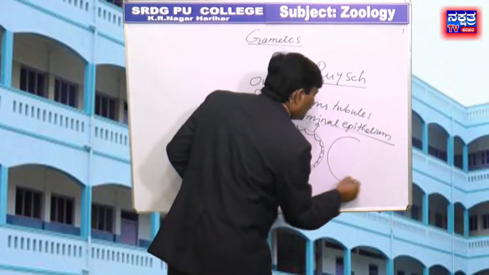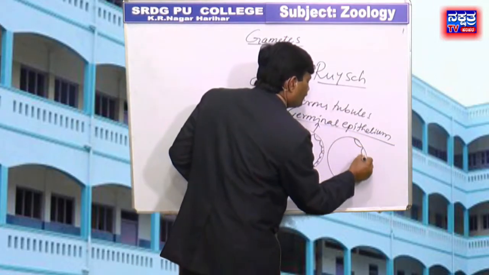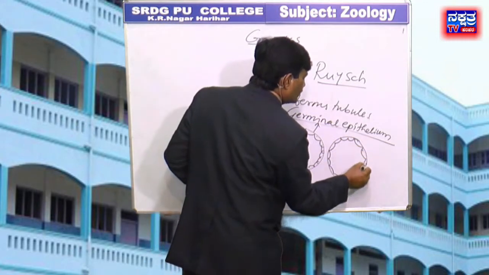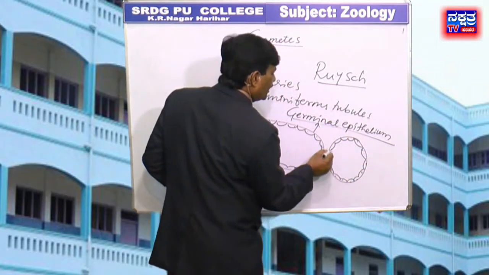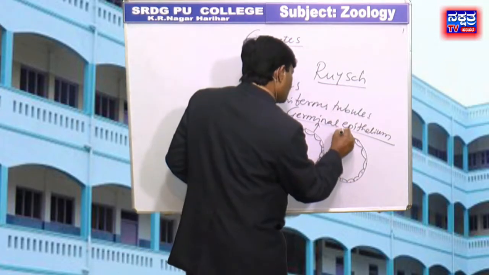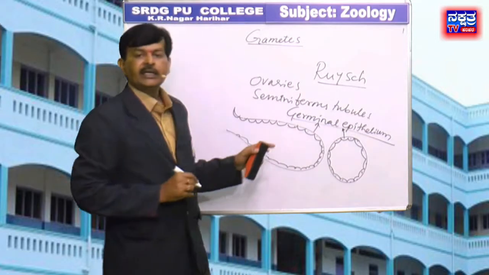Similarly, the wall of the seminiferous tubule is also lined by a layer of epithelial tissue that is called germinal epithelium.